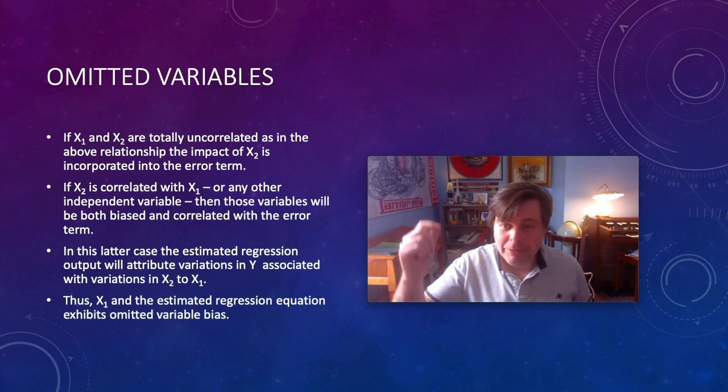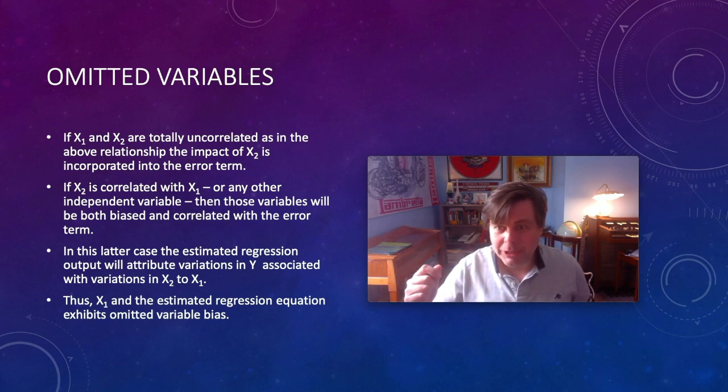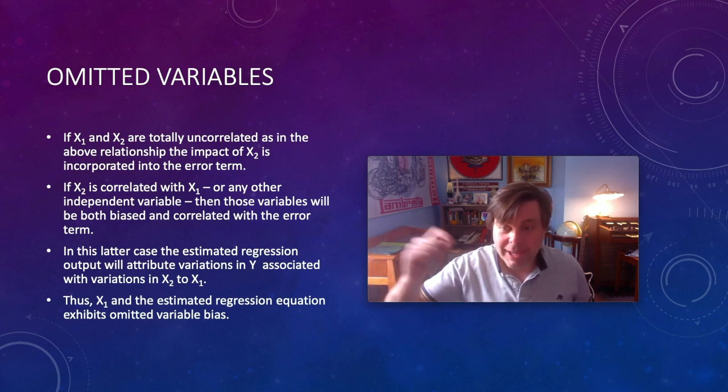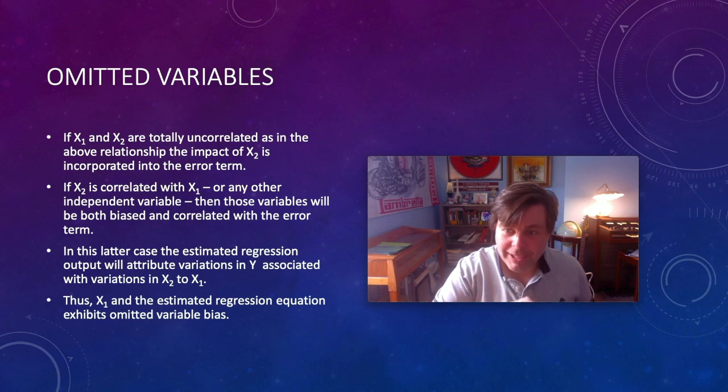But because income is moving in a direction similar to wealth, our estimated beta coefficient on wealth is going to be showing us that variations in wealth are moving along with, or appear to be explaining, variations in spending.